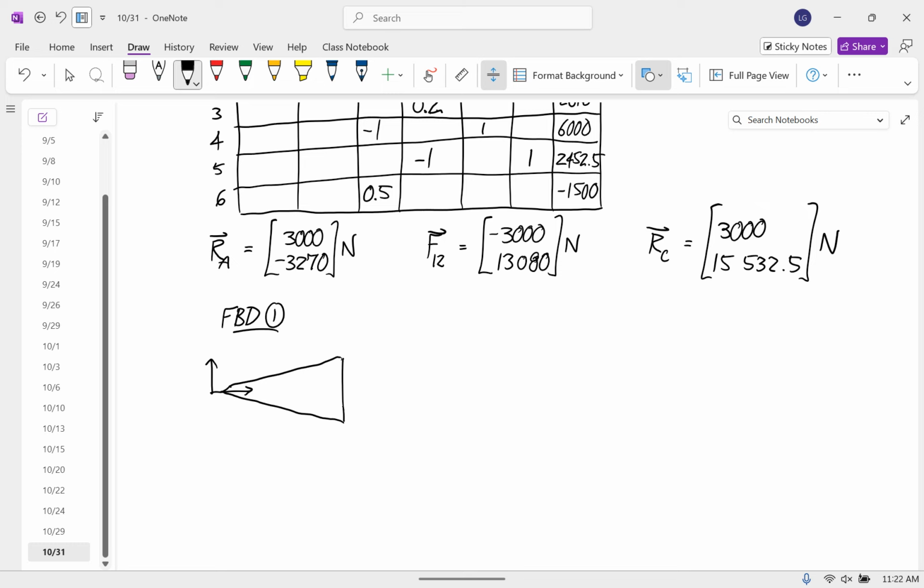We have a force vector over here of 3,000, negative 3270, and a force vector here of negative 3,000, 13,080, and then a weight force here of 9810.